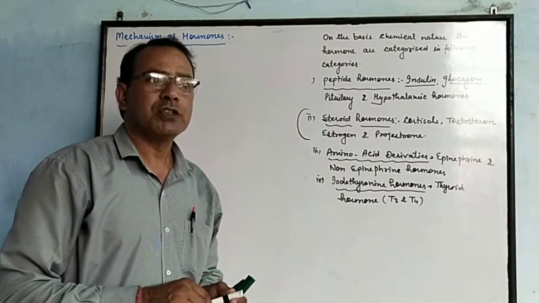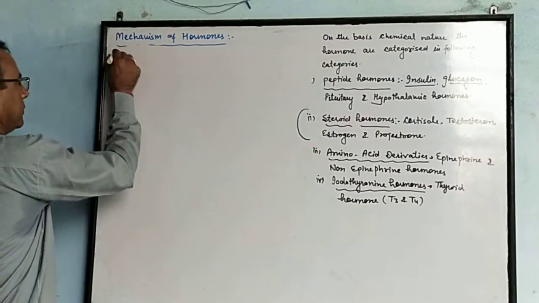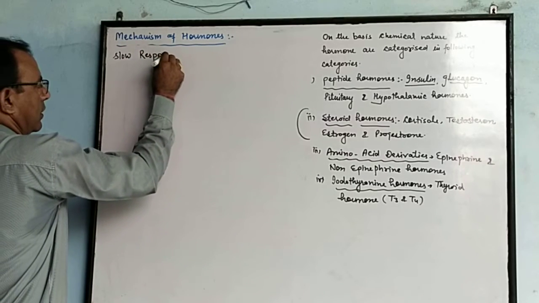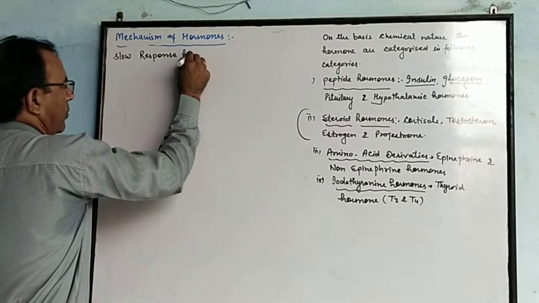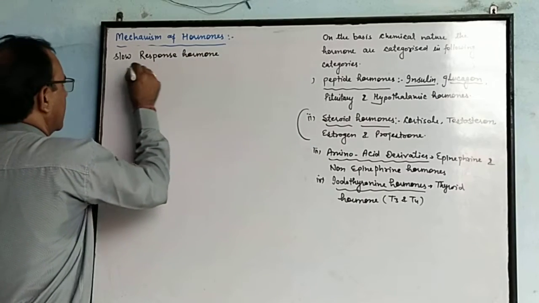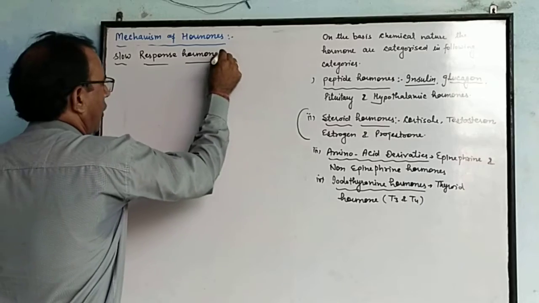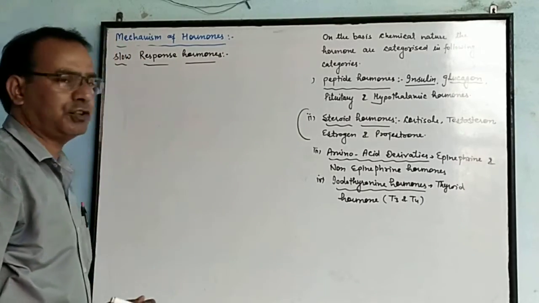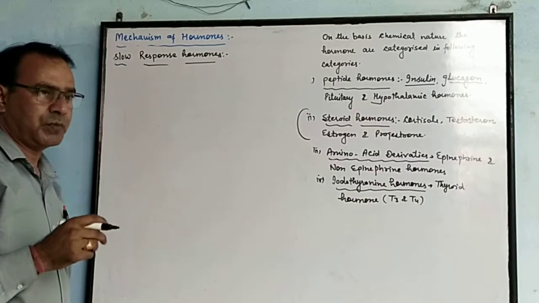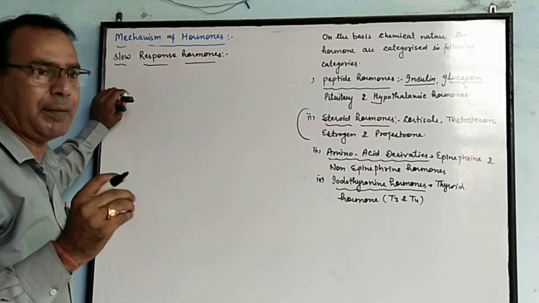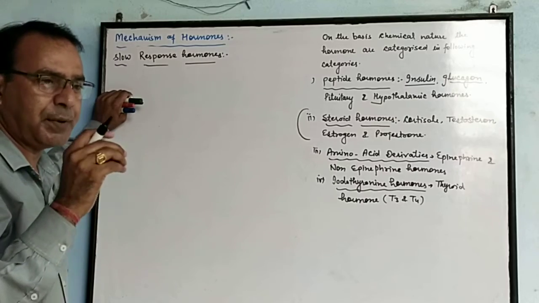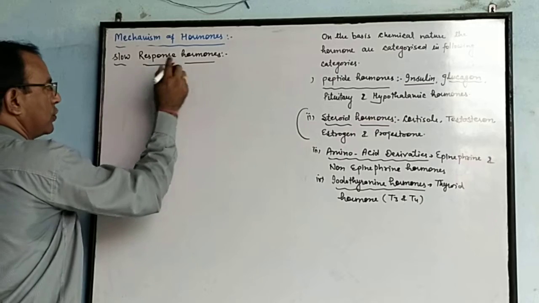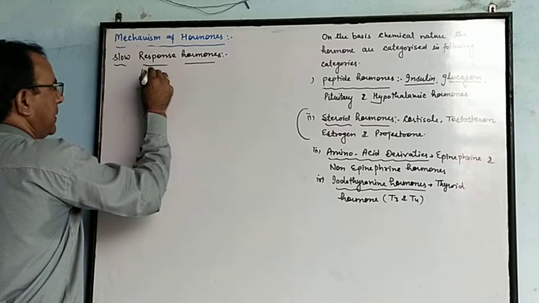Firstly, we discuss slow response hormones. Slow response hormones means the hormones which, after secretion, reach the target cell and perform functions over a long time period, and this time period is known as the lag period. Slow response hormones show lag periods.